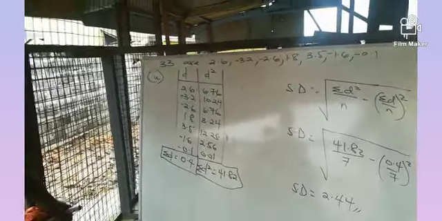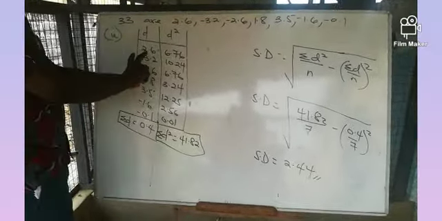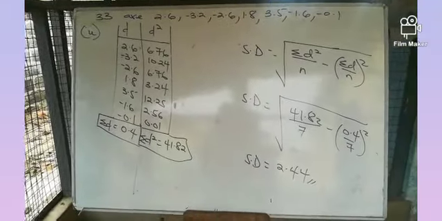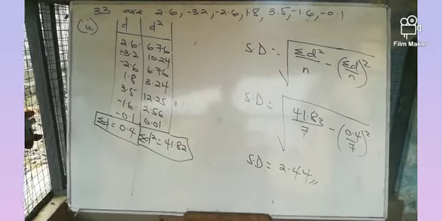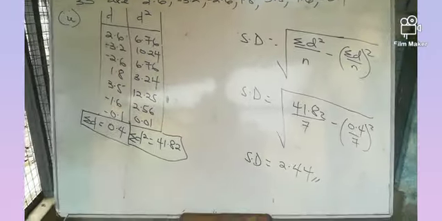So if you have such a question and they ask you to find the standard deviation, this is one way of doing it. Or you can use another way if you know some, but this is the most common one. Just find the deviation squared and use the formula over there.